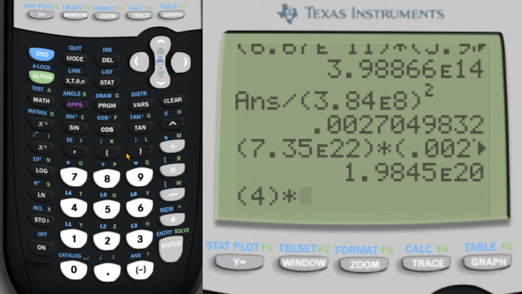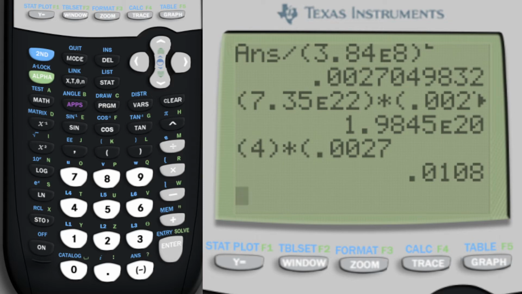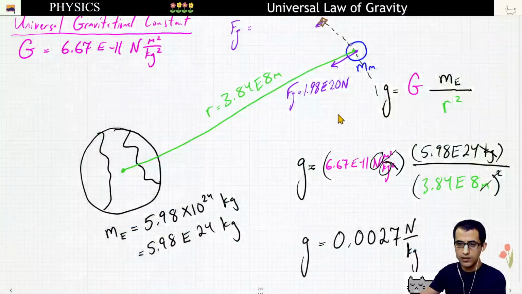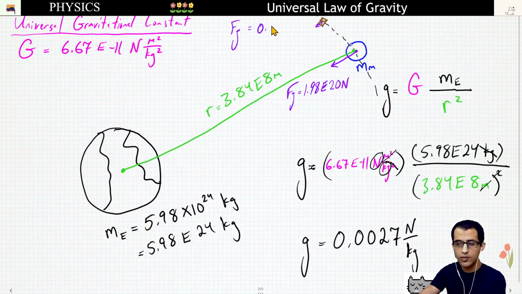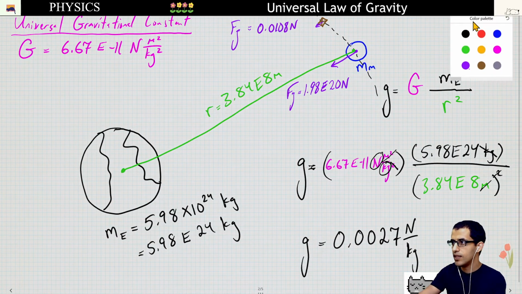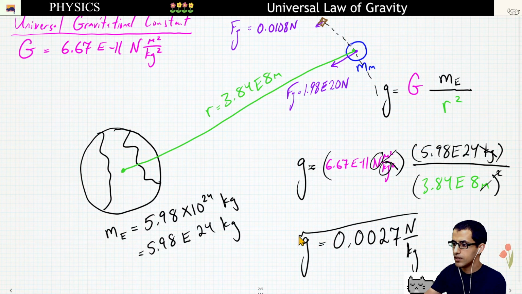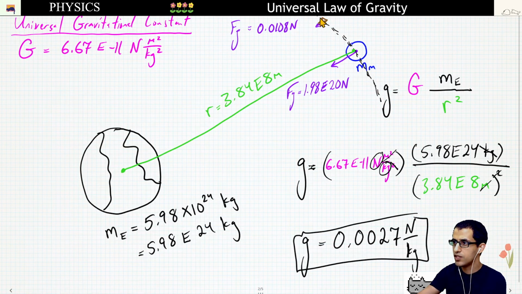Then multiply that by 0.0027. And we get a really tiny force there, which is 0.0108 newtons. Again, this value here is describing the field intensity at this location really far away from the Earth.